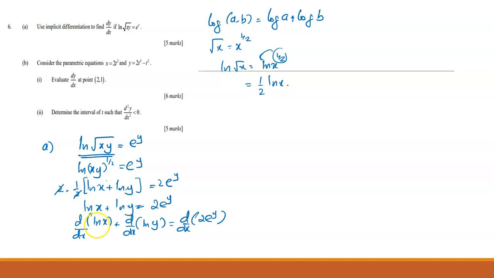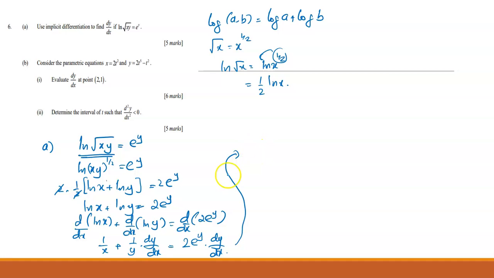Differentiate ln x gives you 1 over x. Differentiate ln y gives you 1 over y, and because we differentiate y with respect to x, we come up with dy/dx. So then differentiate the 2 constant here, and differentiate e to the power of y gives e to the power of y dy/dx. Okay, so now bring this to the other side.